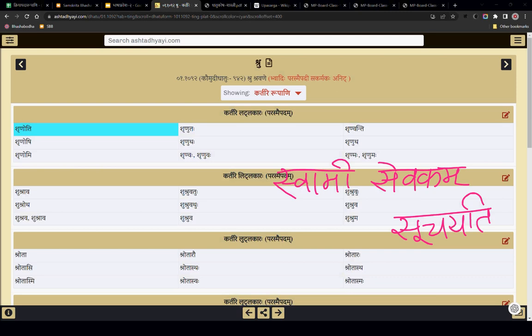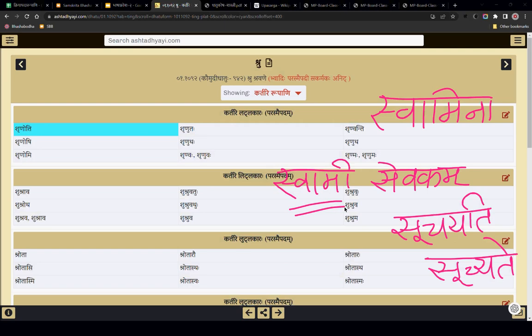Sevakaha. Suchayati is like the last one we did, like Shalayati, similar one. Suchate, correct. Thank you. Very good. Swamina was the important one to get. This is like Swamin, Nakaranta Shabda: Swamin, Swamina, Sevakah, Suchate. Uttamam.